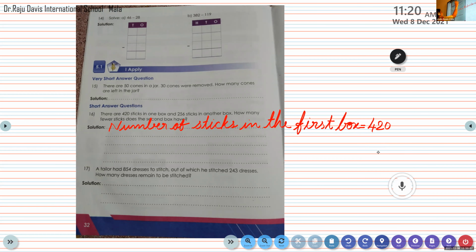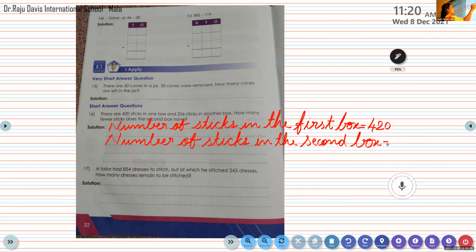All of you please write number of sticks in the second box. How many sticks are there in the second box, Ishan? 256. Okay.